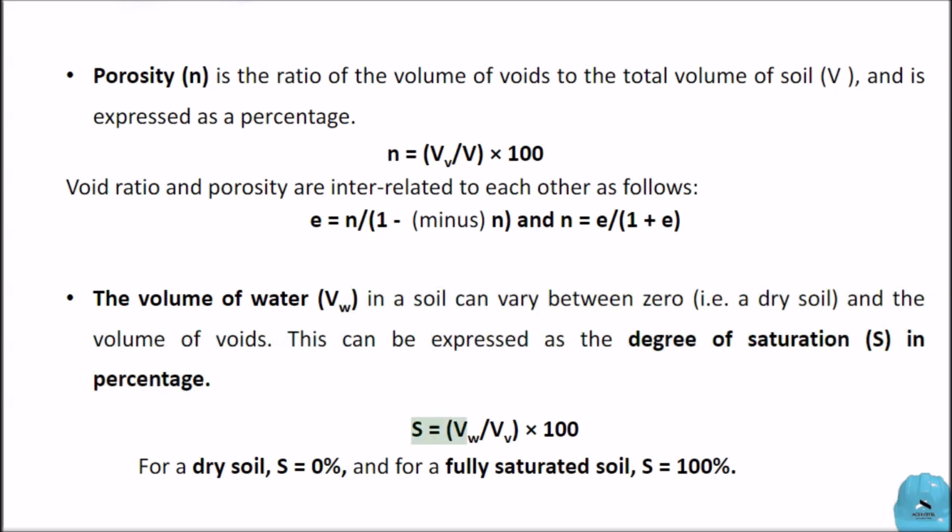S equals V_w over V_v times 100. For a dry soil, S equals 0%, and for a fully saturated soil, S equals 100%.